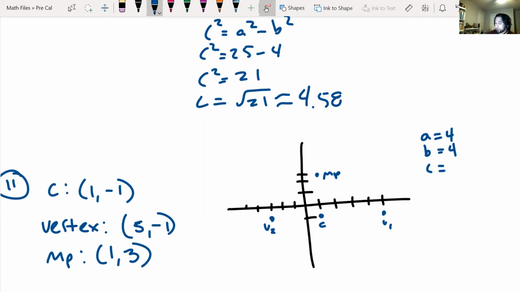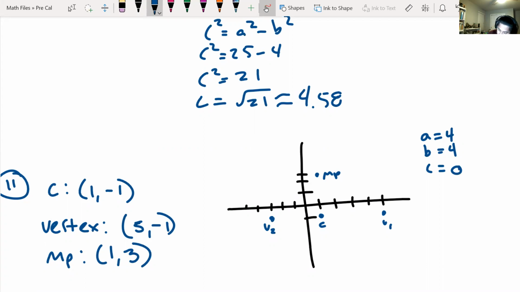Because remember, A is the distance from center to vertex, B is the distance from center to minor point, and C is the distance from center to focus. And C squared would be A squared minus B squared. So there wouldn't be a focus then, right? Yeah. So that would be at 0.